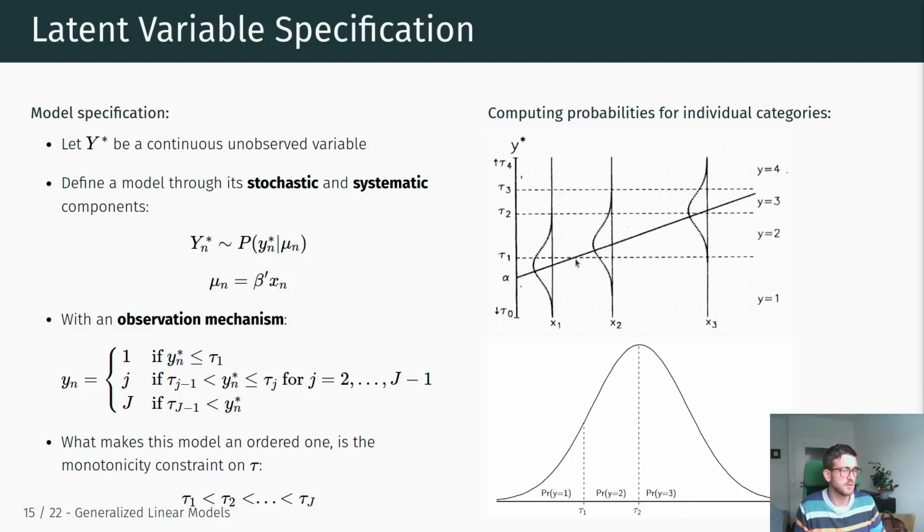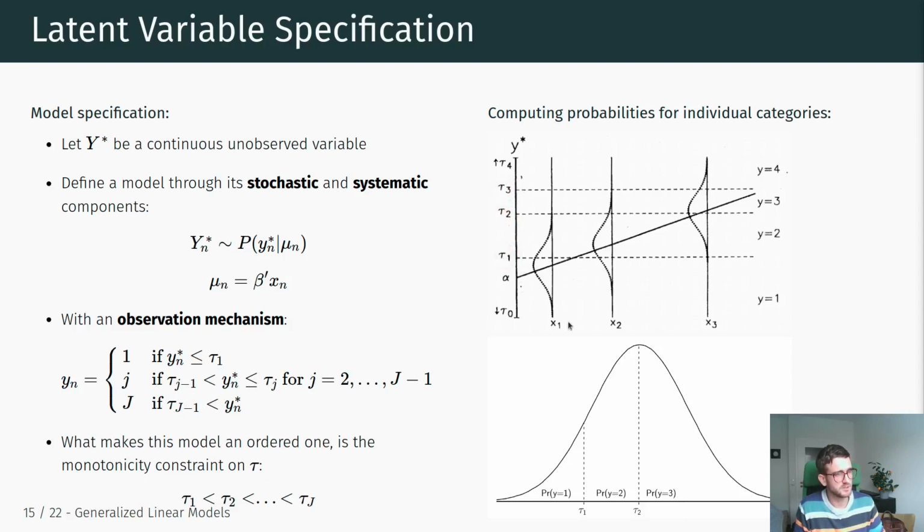Okay. But now when we look at this density, we don't only have one cut point where we have a probability of y being equal to 1 or y being equal to 0, but we have, in our case here, 3 thresholds, so 3 taus.